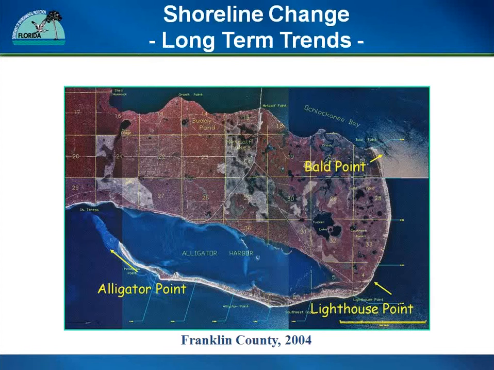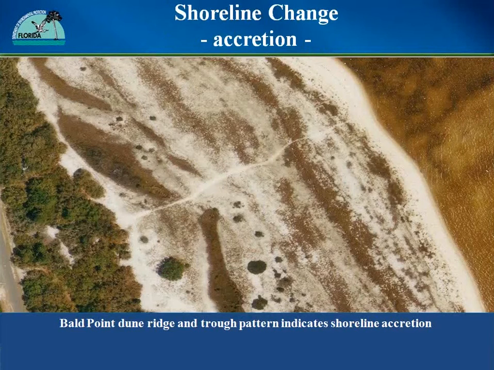How do we address these issues? Well, we do that by first performing an inlet management study, and attempt to sort out the sand budget for that system. We develop strategies within that plan to try to put sand back on those downdrift shorelines.